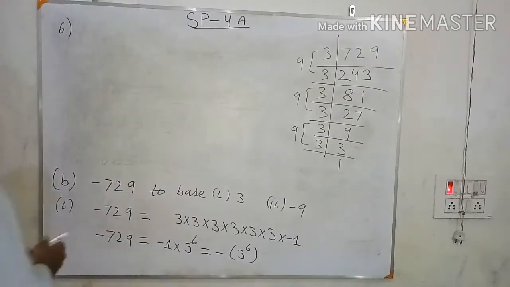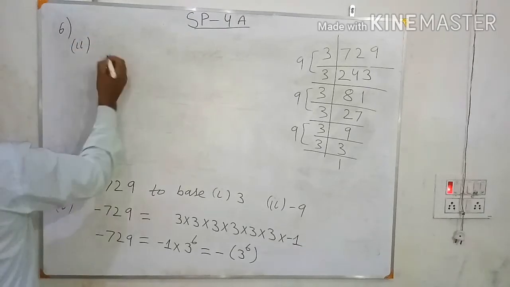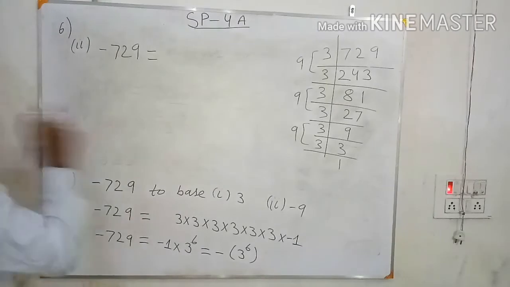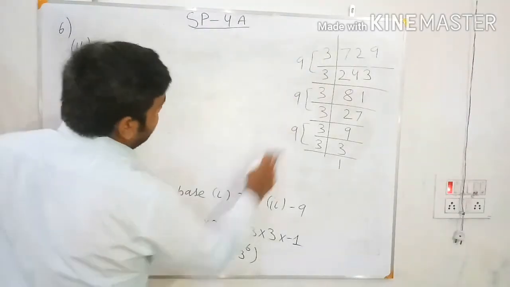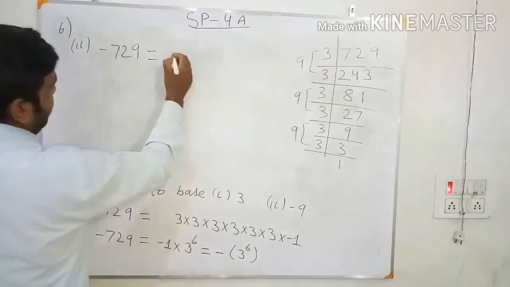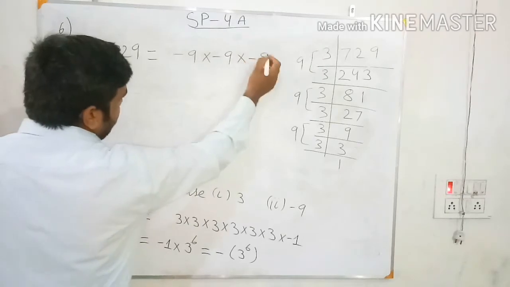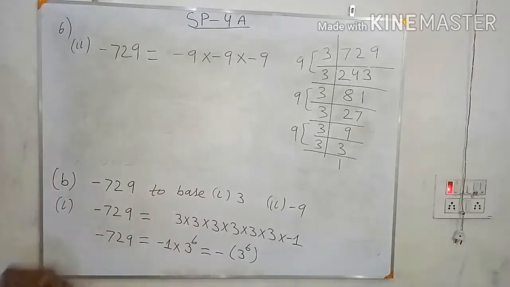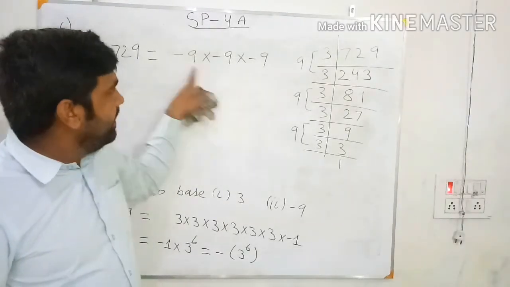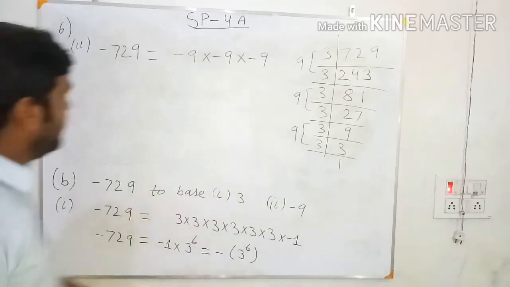Now see the second one. So minus 729 also we can write as minus 9 minus 9 minus 9, base negative power, see 3 times only. So that also you can write minus 9, minus 9 and minus 9, because here the value is negative and the base is minus 9 and it is itself multiplied 3 times, so the power will be odd.